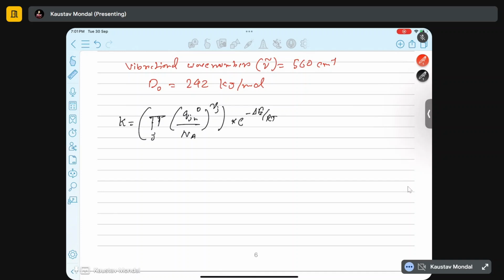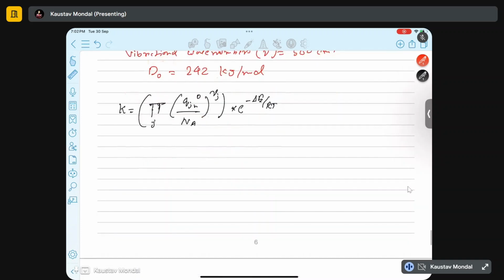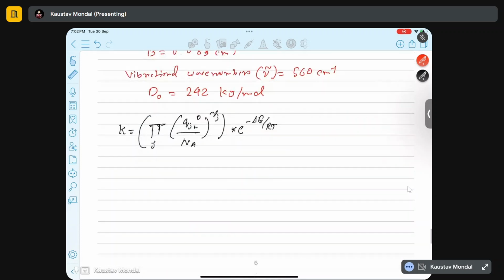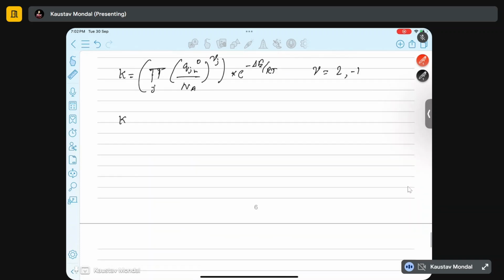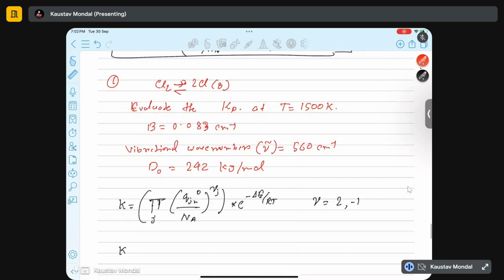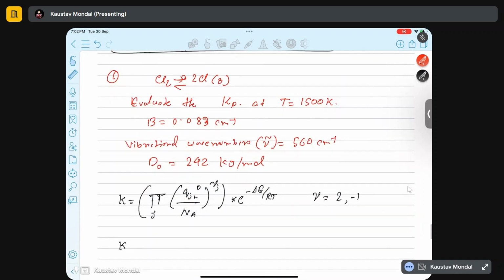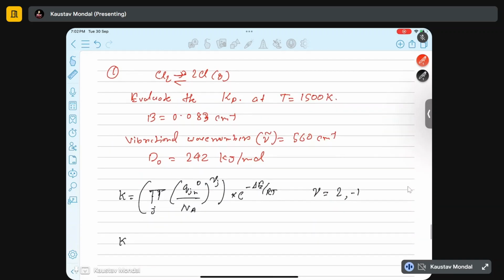Now from here, Cl2 is becoming Cl. So the stoichiometric coefficient nu has values +2 and -1, right? So for Cl2 it takes -1, and for Cl it takes +2.